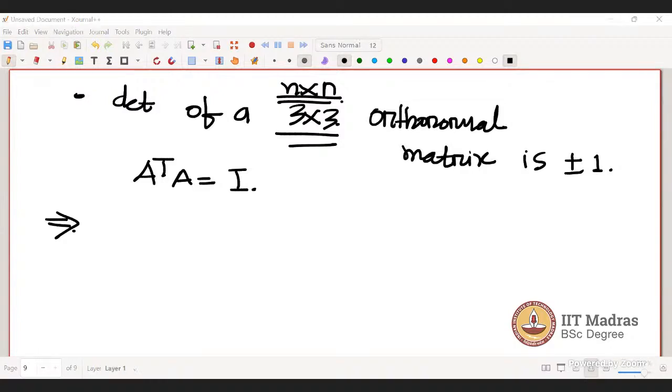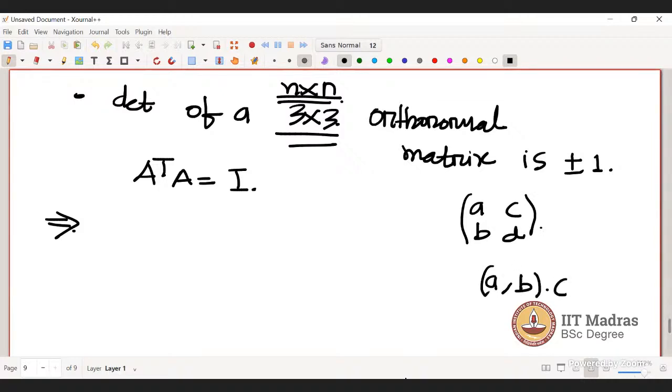So if you take the transpose, let me do it for this ABCD, right? The inner product of AB times CD is basically 0, and the inner product of AB with AB is 1, because it's an orthonormal vector.